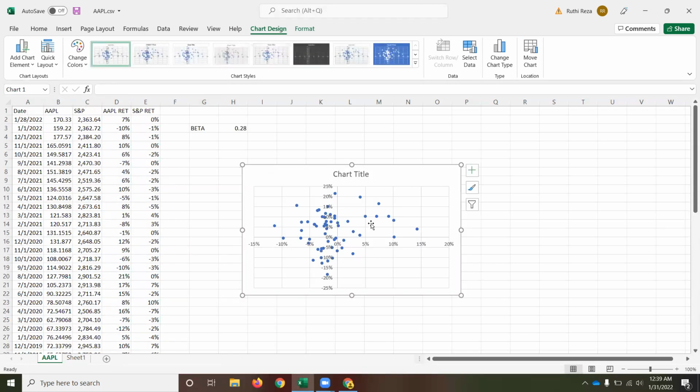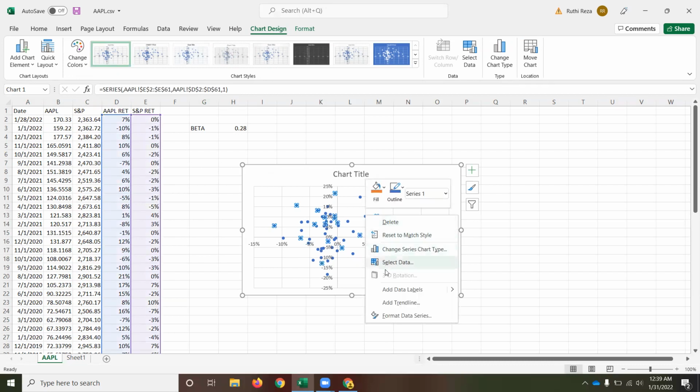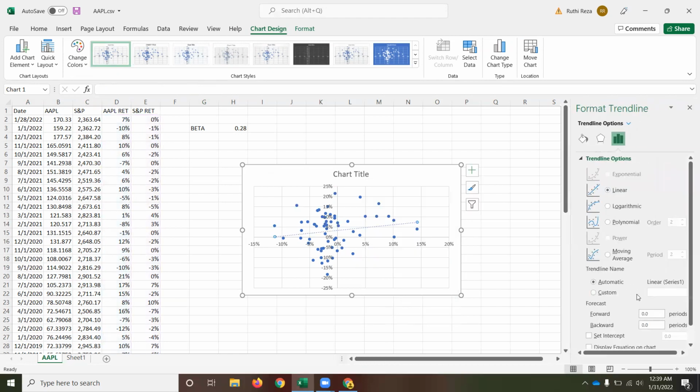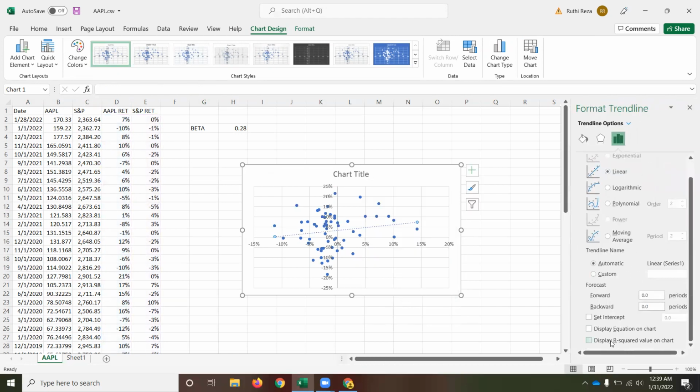So now we got our scatter plot, and then let us now draw a trend line. So here add trend line. Now we are gonna draw the regression equation for this particular trend line. So from the format trend line, tick mark display equation on chart.